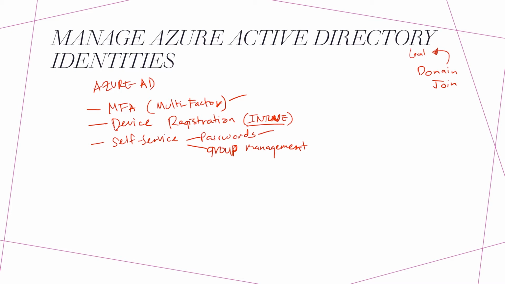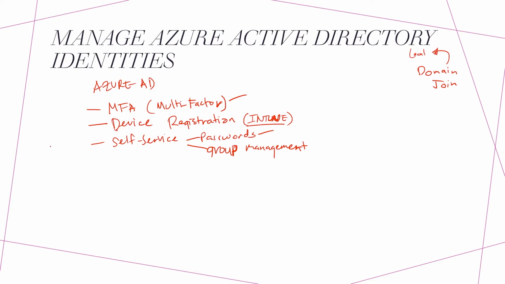And also the self-password reset. That's a very useful feature in Azure AD that could lessen the ticket queue in your help desk. So instead of the user contacting your IT admins to reset their password, they can do it by themselves.